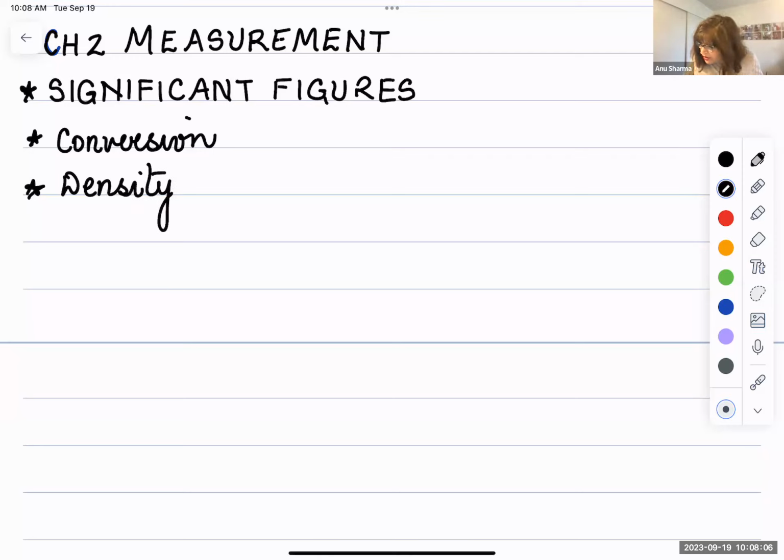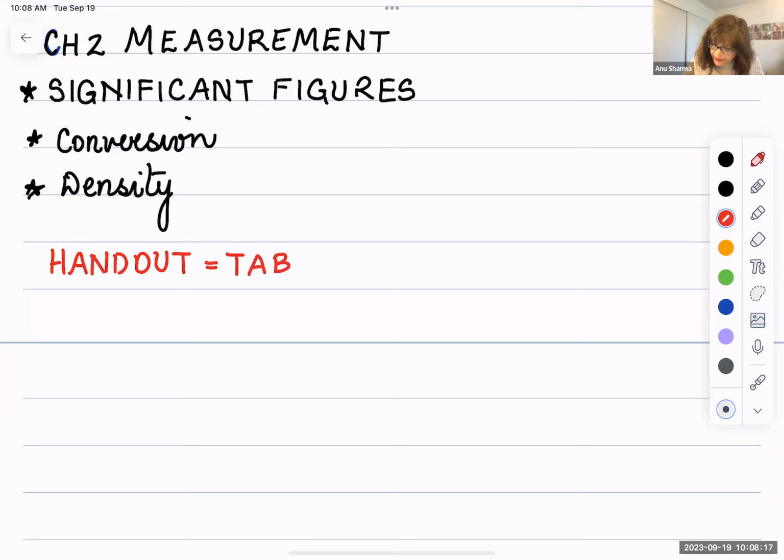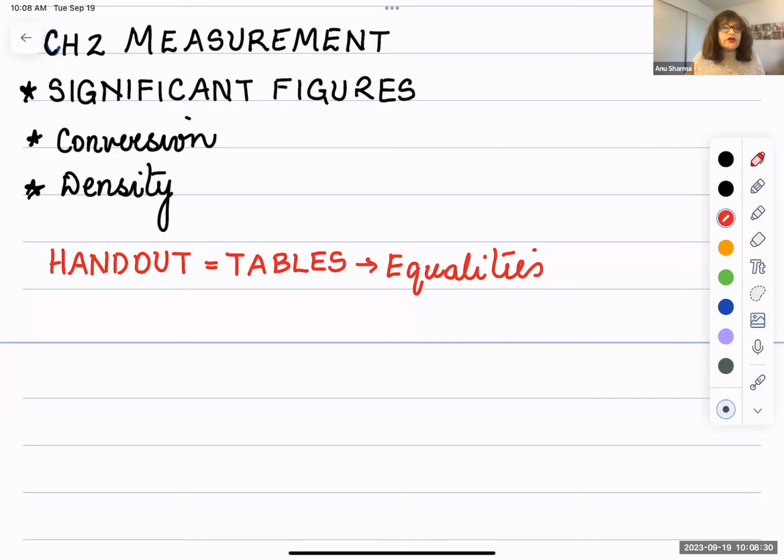Now, please keep your handout ready with you. On the handout, I have tables. On the exam, I may give you the tables, I may not give you the tables, I may not give you the equalities, but these tables have the equalities. So you are going to refer to these equalities to do the conversions.